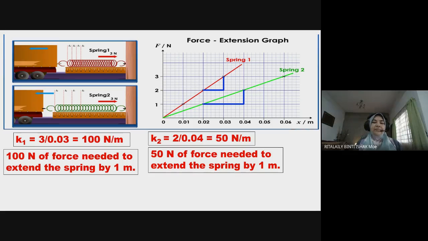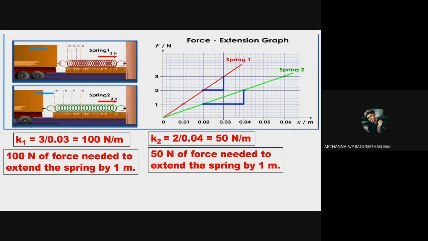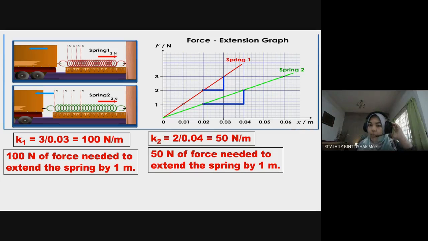So based on this, which one do you think is stiffer, spring 1 or spring 2? Yes, spring 1 is stiffer. Why do you say that spring 1 is stiffer?